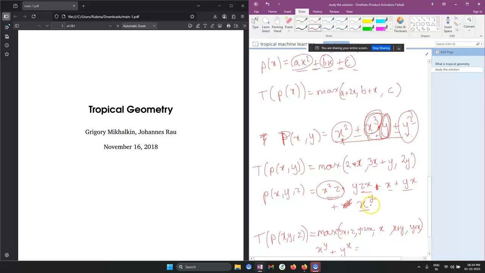So I think it should just be yx, the last term. Yx, yes, that's true. That's correct. However, we do consider x, comma y, comma z all real numbers in this case. Okay?